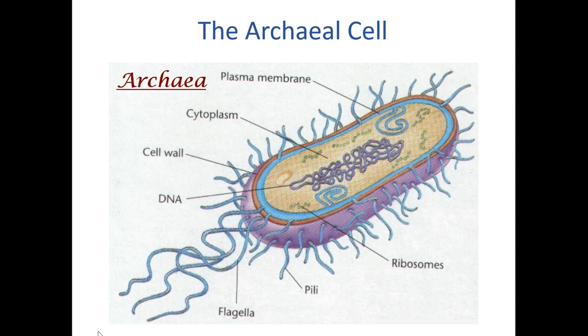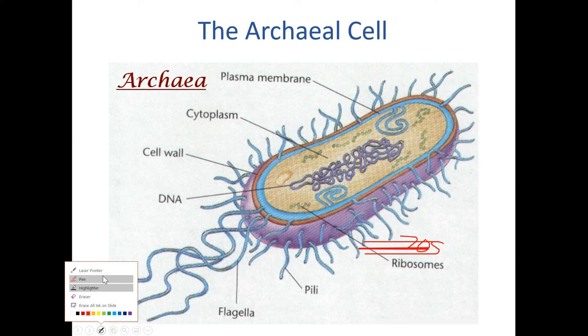However, the archaeal 70S ribosome is actually more similar to the eukaryotic 80S ribosome than it is to the bacterial 70S ribosome. So that's more evidence that we share a more recent common ancestor.